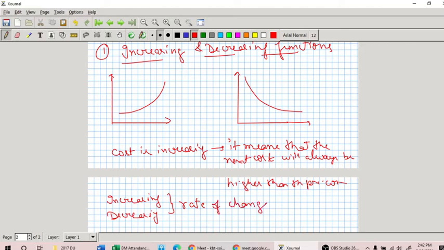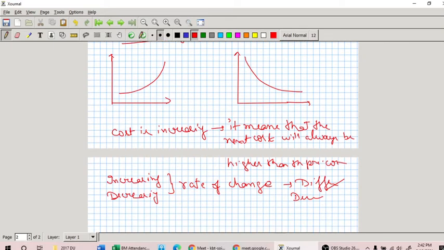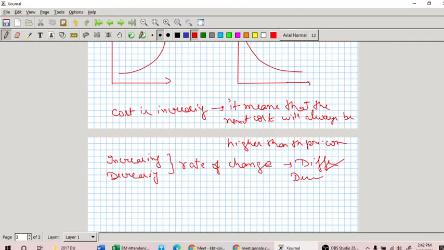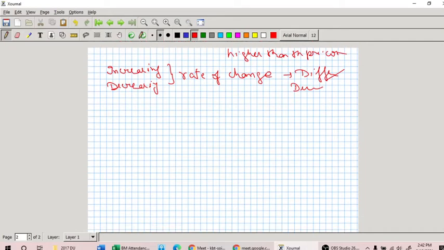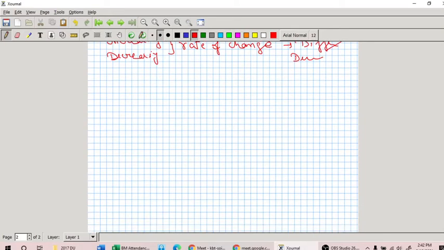So we are defining this increasing, decreasing, this fluctuation in the form of rate of change, and we know that this rate of change is nothing but the derivative, differentiation or derivative. You call it a derivative of the function. So this derivative has some relationship, has some impact with this increasing and decreasing function.